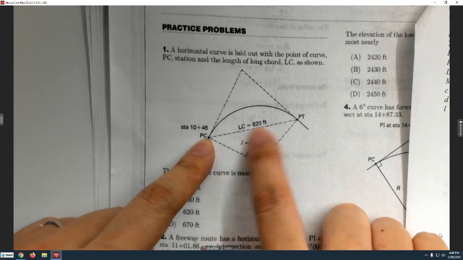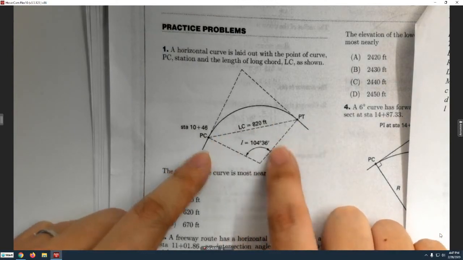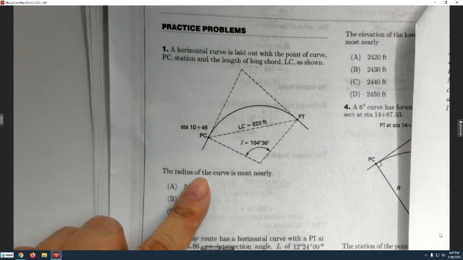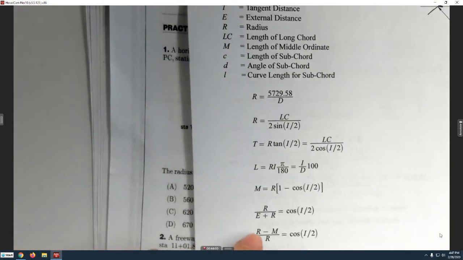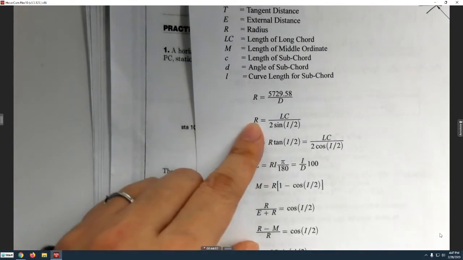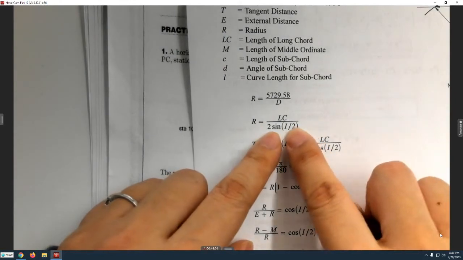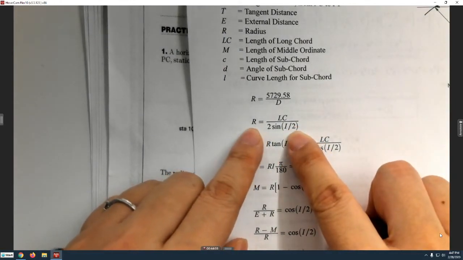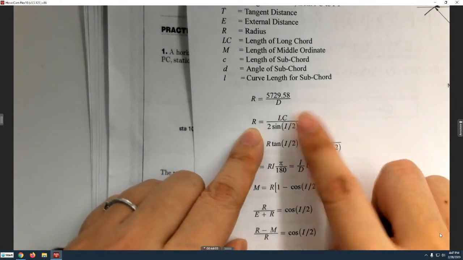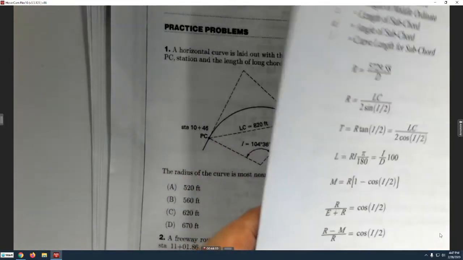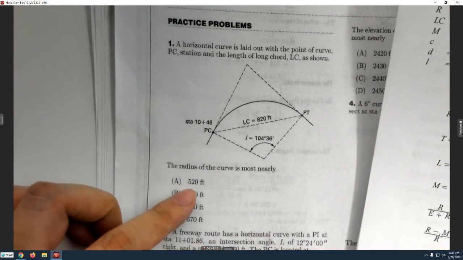The LC, the length of long chord is given. So find R. Okay, so this is very straightforward. LC is given, I is given, so just find R. Use this equation. Plug in the numbers, you're going to get about 520. So answer is A.